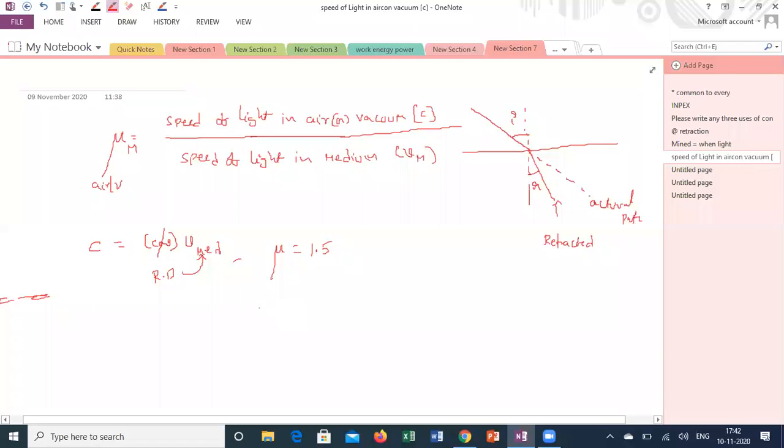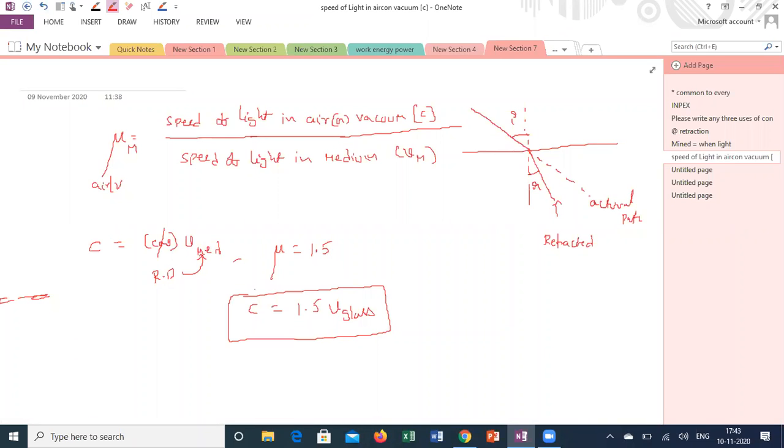The meaning is that the speed of light in air or vacuum is 1.5 times the speed of light in glass. Is it clear what the exact meaning of refractive index is? After that, Snell did some experiments and found the relation between angle of incidence and angle of refraction. Is it clear?